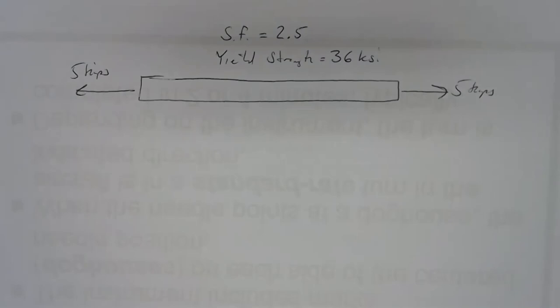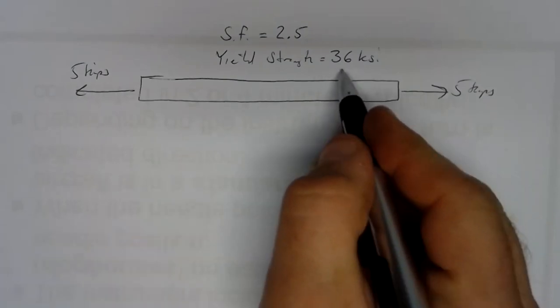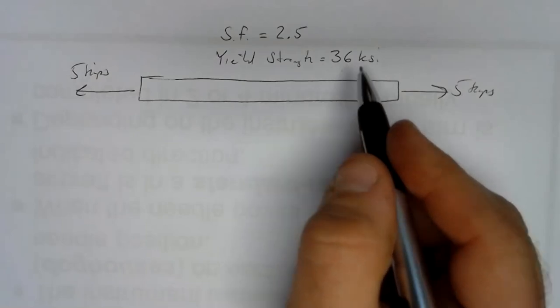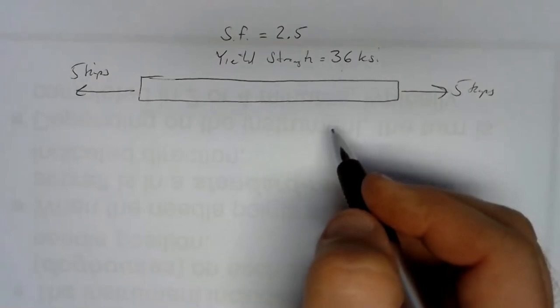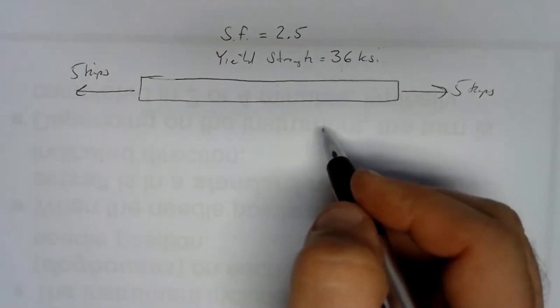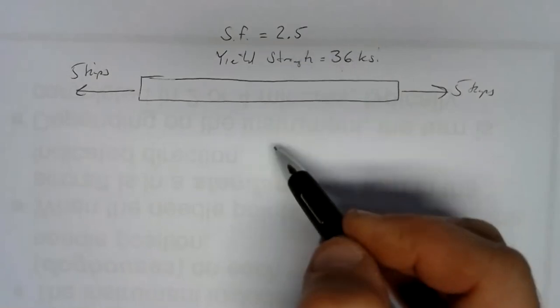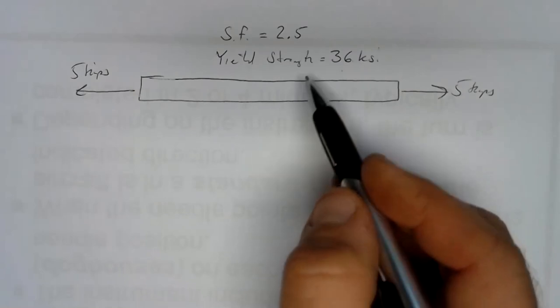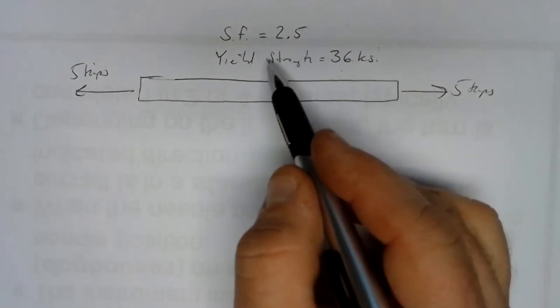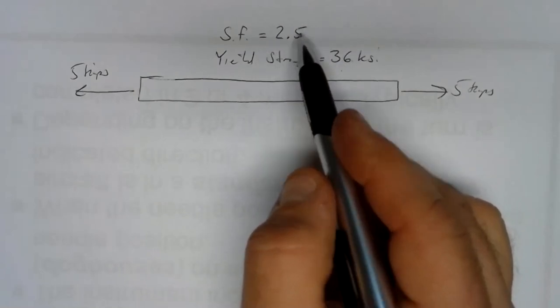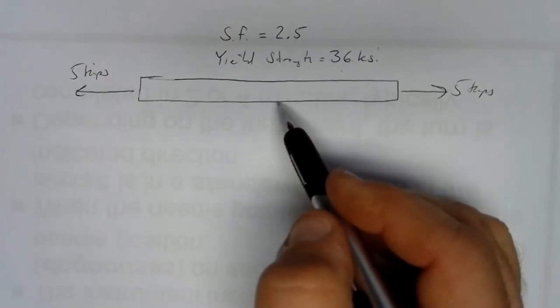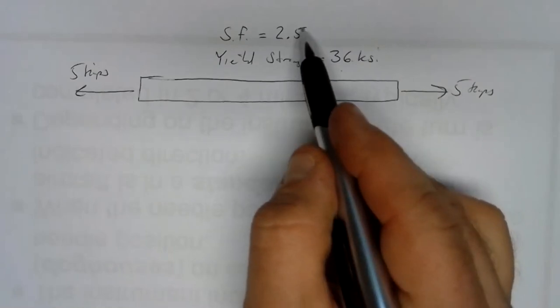Now, we did a similar calculation to this at the beginning of the evening, but different loads. With 36 KSI, we can figure out what the area needs to be. Now, that would be a minimum area to get us 36 KSI, but that doesn't bring in the safety factor. And we have a lot of flexibility in how we apply the safety factor. We can apply it after the fact to the area. We could find the minimum area and then multiply it by the safety factor.